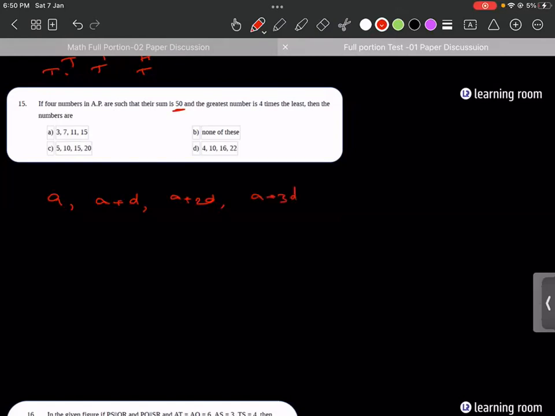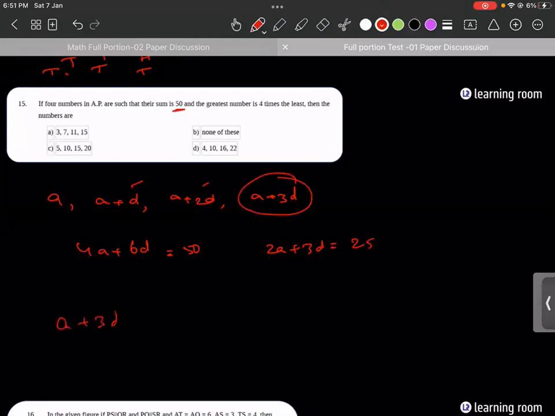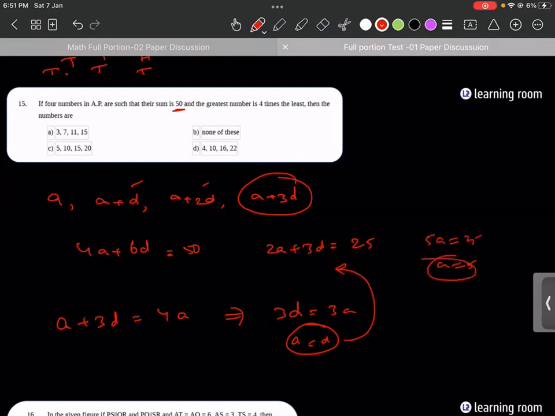Their sum is 50, so 4A plus 6D is 50, so 2A plus 3D is equal to 25. And the greatest number, A plus 3D, is equal to 4 times the least, which implies 3D is equal to 3A. So A is equal to D. If you substitute it here, you will get 5A is equal to 25 and A will be 5. So the first term is 5 and the common difference is also 5.